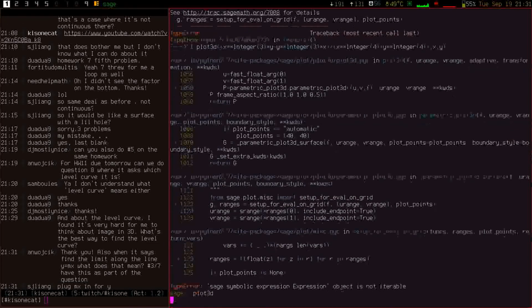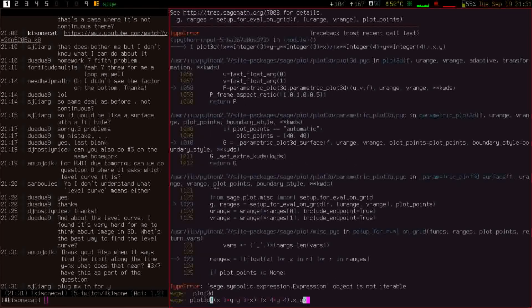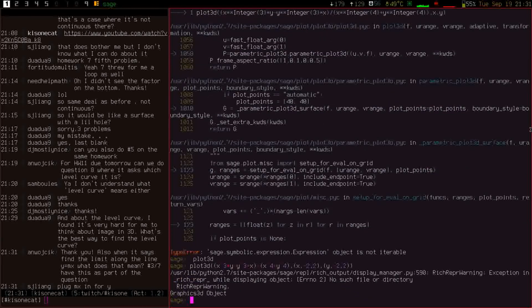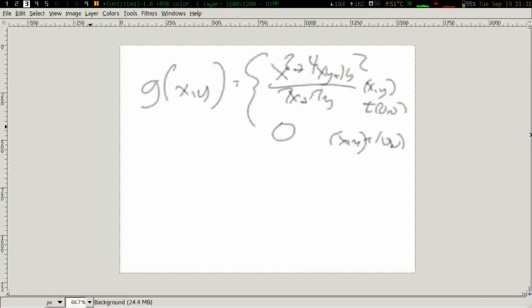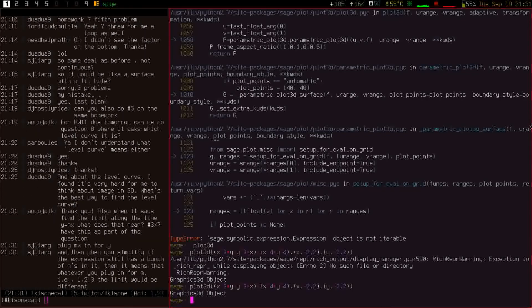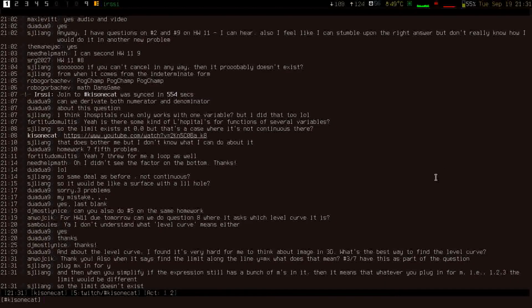Oh. Let's see how to plot. I don't really remember. Oh, that makes sense. Okay. Let's try this. See if we get a reasonable looking picture. Oh, that completely failed. That's depressing. Graphics 3D object. I was hoping it would actually display some kind of object. Oh well. Okay.